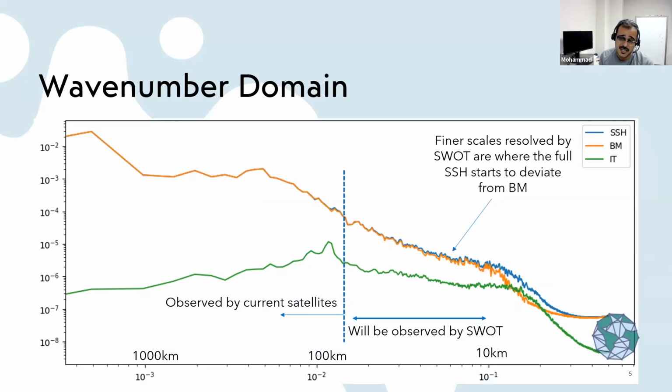In the case of IT at low frequency, the difference in amplitude is more than 4 orders of magnitude, and it gets closer and closer as the frequency increases. And this is where we believe the role of internal tides becomes more important.